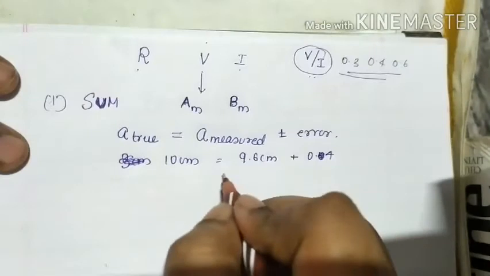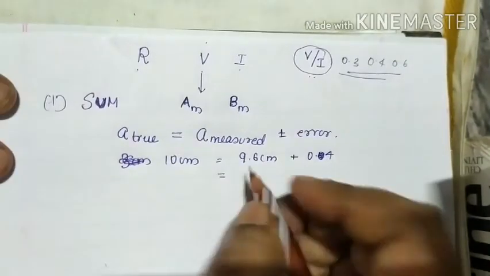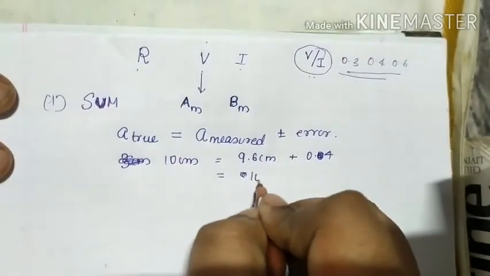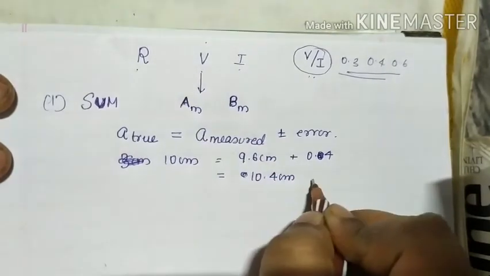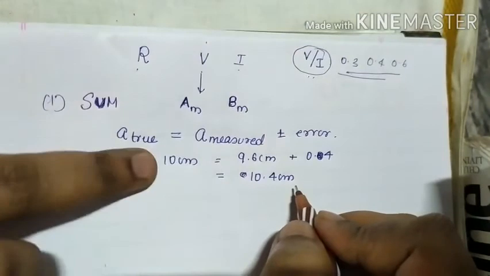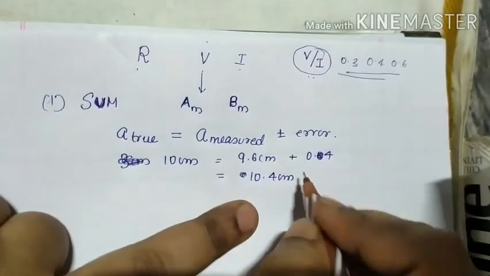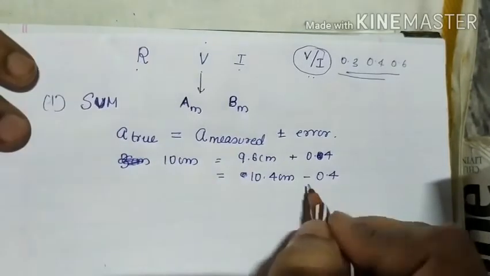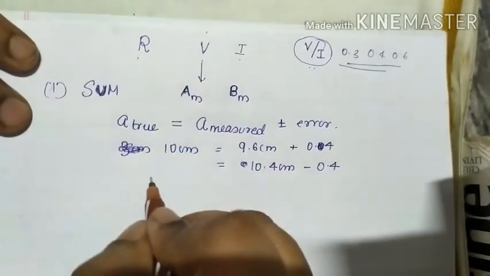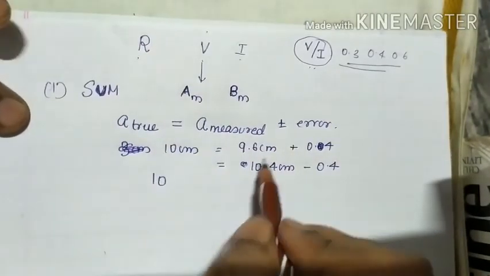Sometimes I made a measurement like 10.4 centimeter. I measured this 10 centimeter pen as 10.4 centimeter. That means there is an error of minus 0.4. So I can say this 10 centimeters is lying between what?